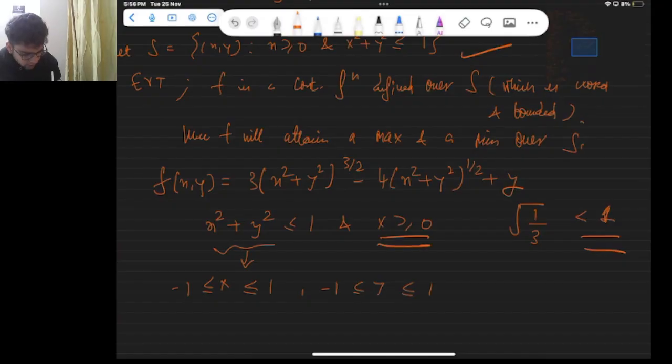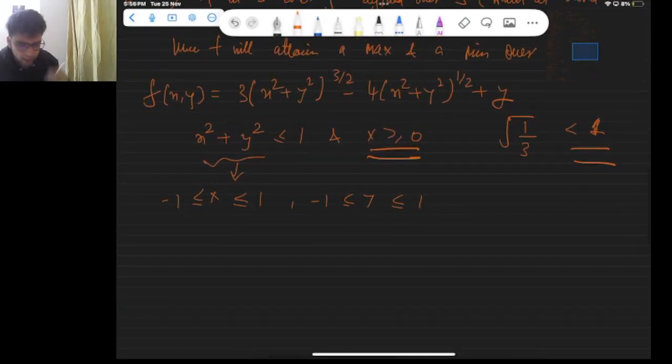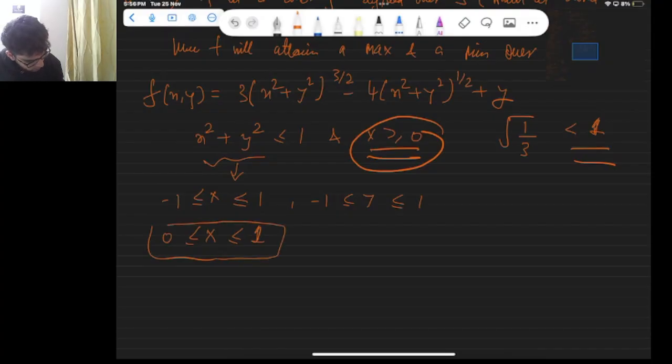The additional constraint shows that x is greater than or equal to 0. So finally, taking this also into account, x is always greater than or equal to 0 and less than or equal to 1, and y lies between -1 and +1. These are my two constraints.